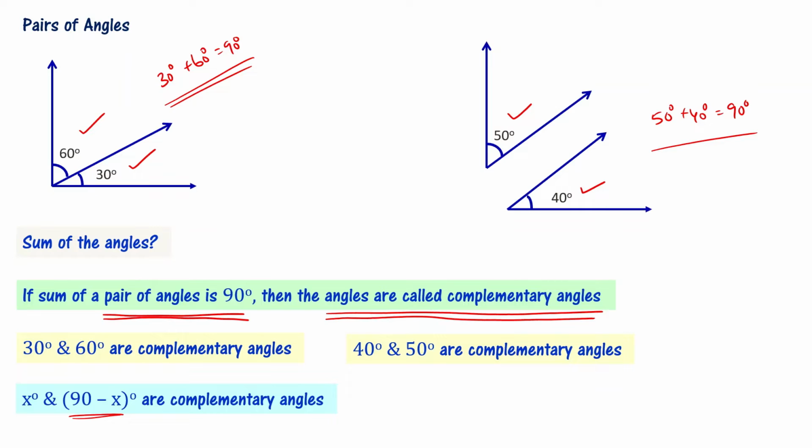These two are also going to be complementary angles, right? Because x plus 90 minus x is equal to 90, right? If you take degrees everywhere, then it is 90 degrees. So x degrees and 90 minus x degrees are also complementary angles. Understood?